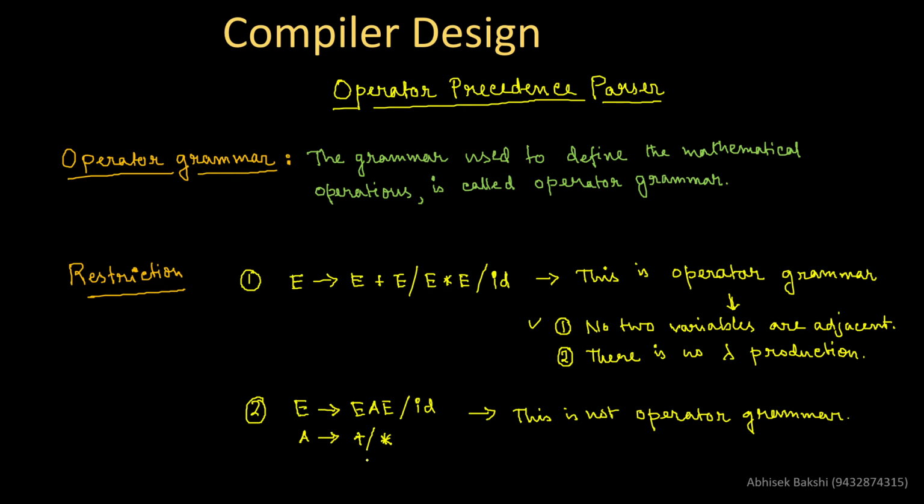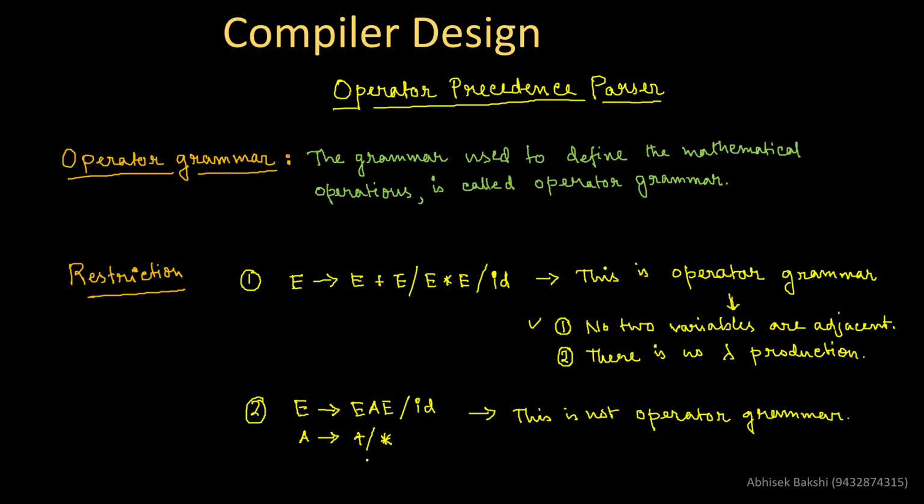Now, one more thing: E to E plus E, E star E, ID, this is an ambiguous grammar, right? When we understood what an ambiguous grammar is, we had an example like this. One thing I told you, if you recall, is that ambiguity should be removed from a grammar before we start a parser design.